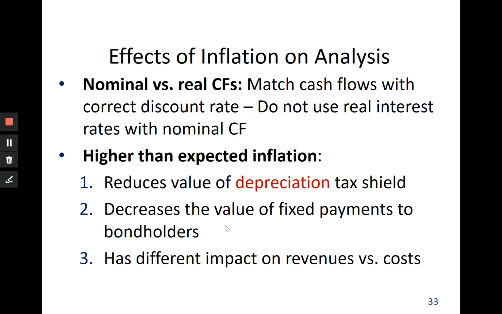Inflation also decreases the value of fixed payments to bondholders. In fact, anyone who pays off a loan and has a fixed payment would benefit from inflation, because 1,000 units of money today is not buying the same amount that it bought yesterday.